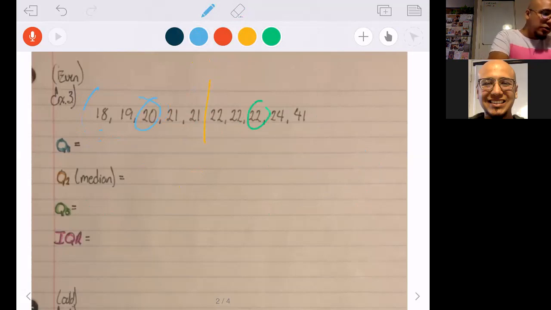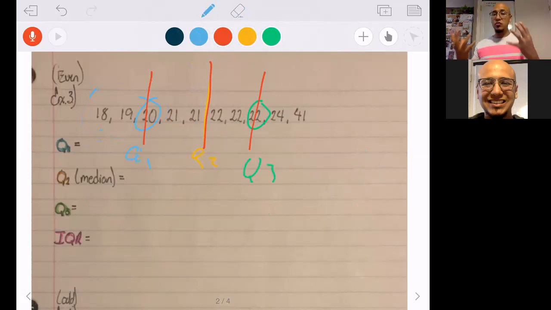Okay. So ladies and gentlemen, I can divide this by my Q1, my Q2, and my Q3. So here's Q1, here's Q2, and here's Q3. Notice that I'm dividing the whole data set into fourths.